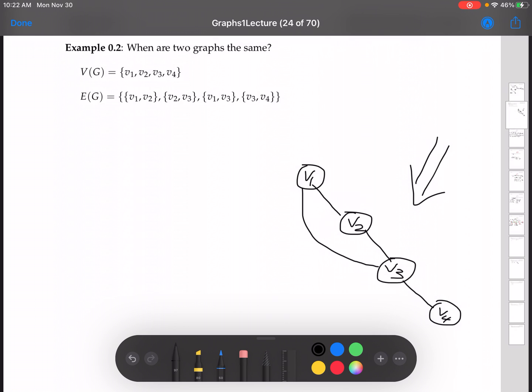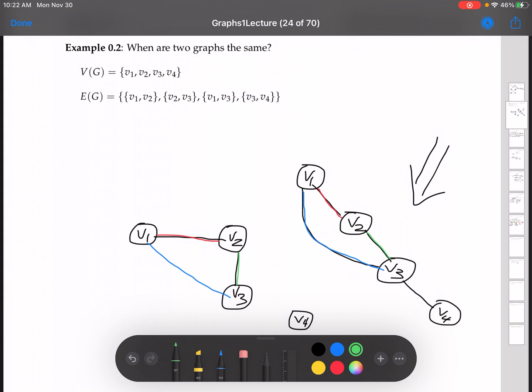So if I moved V1 down a little bit and V3 over a little bit, then I would have this. If you think of this edge in blue here, that would become that edge there. This edge in red would be that edge there. This one as green would be that edge there. And this same edge right here is exactly that same edge right there.